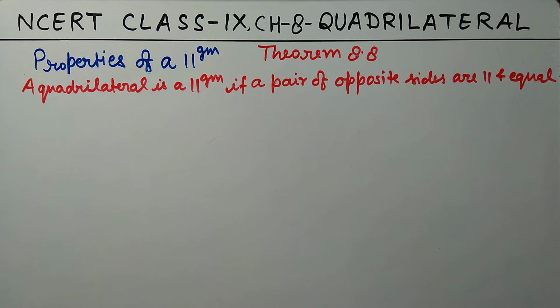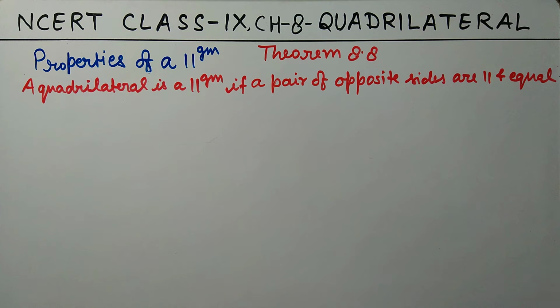Now Theorem 8.8. What is the statement of this theorem? A quadrilateral is a parallelogram if a pair of opposite sides are parallel and equal. That means in a quadrilateral, if the opposite sides are parallel and equal, then it will become a parallelogram.